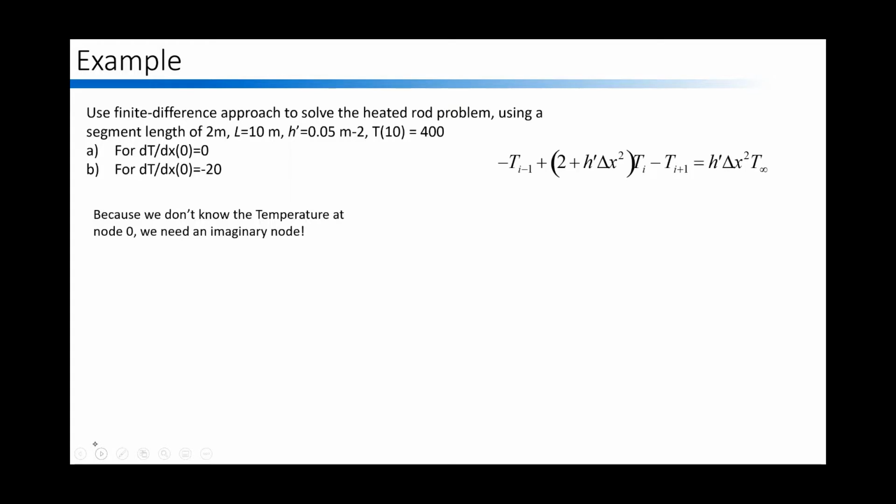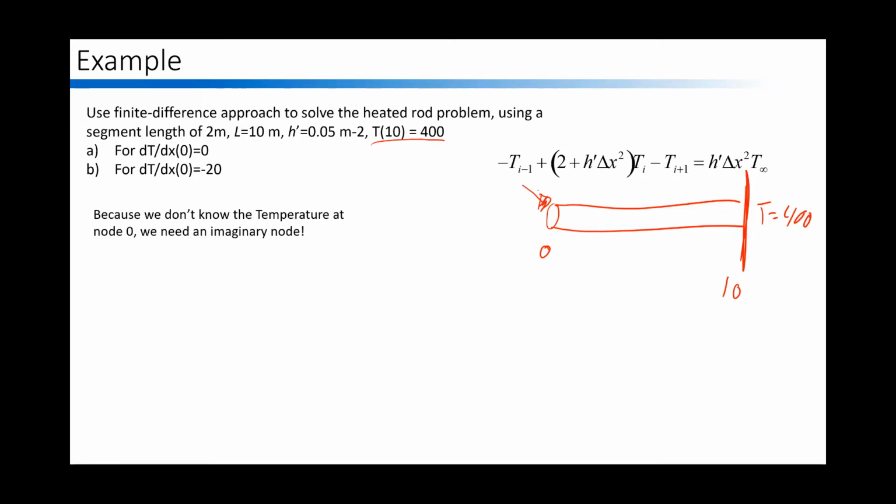Let's do the finite difference approach to solving the heated rod problem using a segment length of 2, a total length of 10, a heat transfer coefficient of 0.05 meters squared, and then at one end, maybe the end of that rod at 10, we have T equals 400.